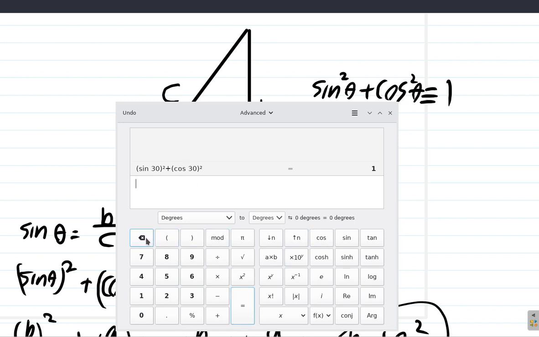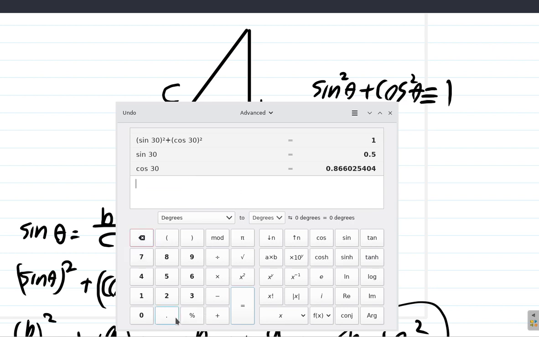Alright? Because if we say sine 30 equals, that's 0.5. Then we say cosine 30 equals 0.866.